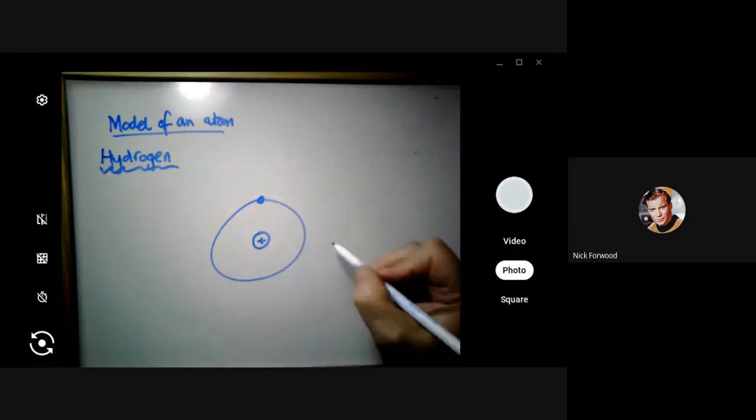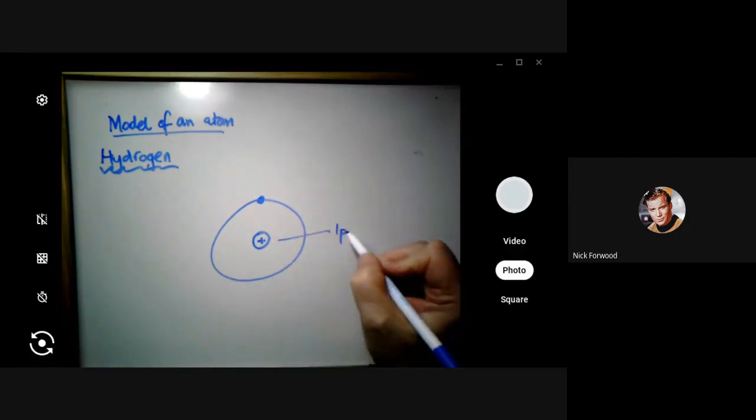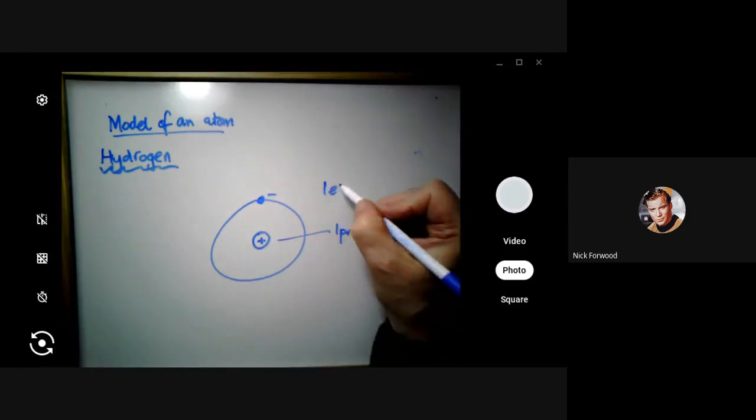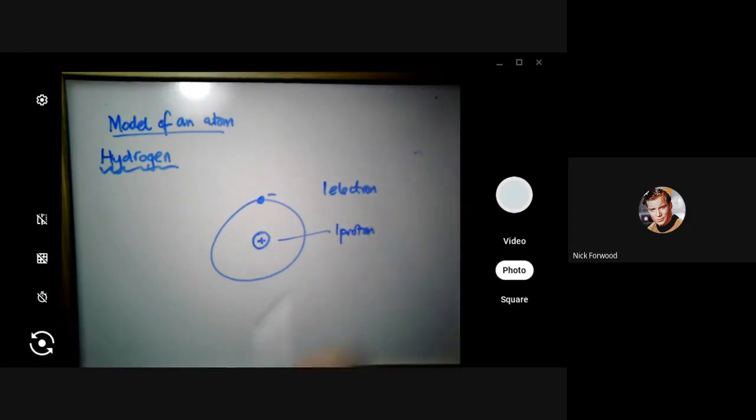So it's got one proton, which is obviously positive, and it's got one electron, and that's it, and the electron is whizzing round and round and round. We're just going to stick with hydrogen for now because it's the easiest model to deal with.